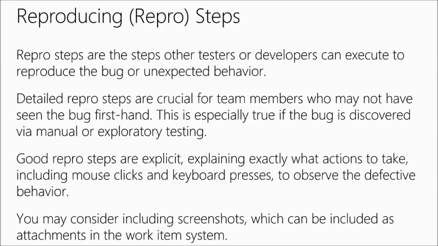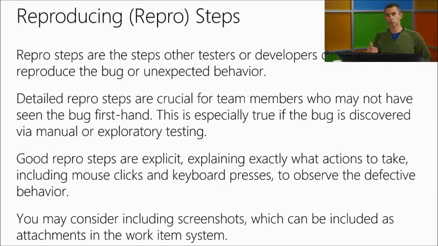This is probably the thing you need to do best to avoid getting bugs sent back to you as no repro, making sure that there's just no way you could misinterpret the steps that were taken to cause this bug to happen.